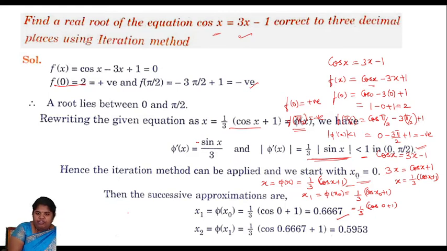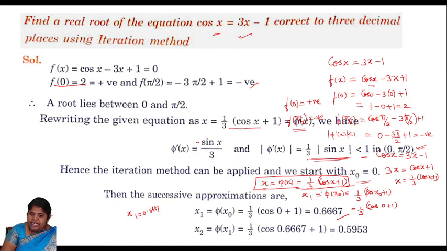So the value of x1 is 0.6667. Now substitute x1 in x equal to phi of x, and we get the value of x2. So x2 is equal to phi of x1, which is 1 by 3 cos of x1 plus 1.